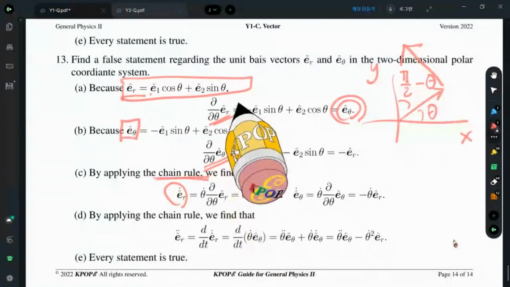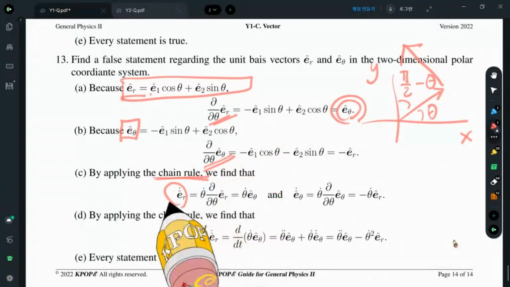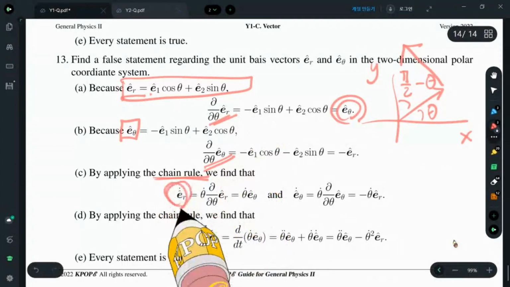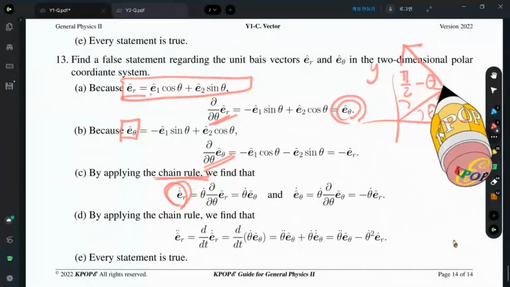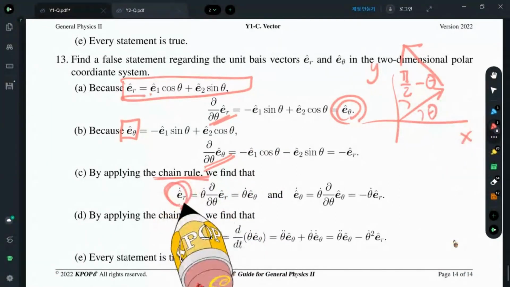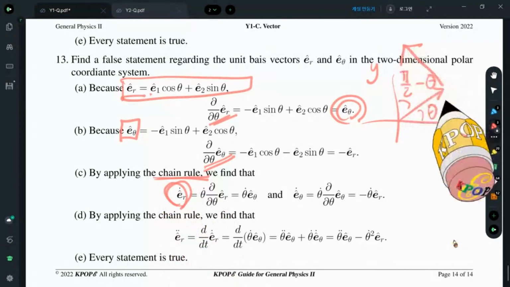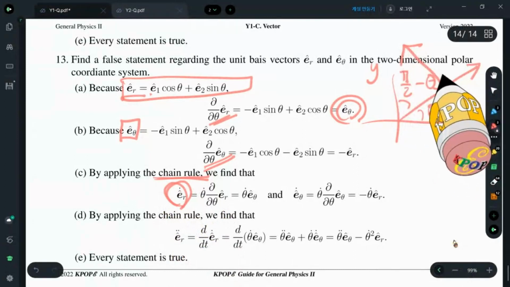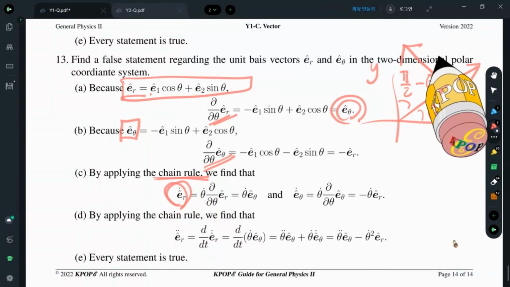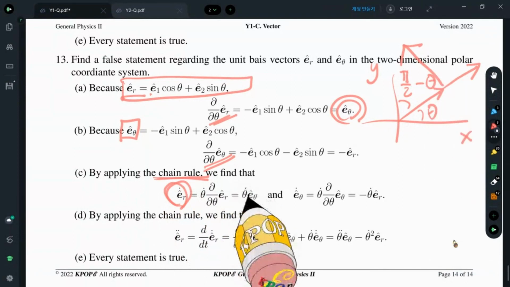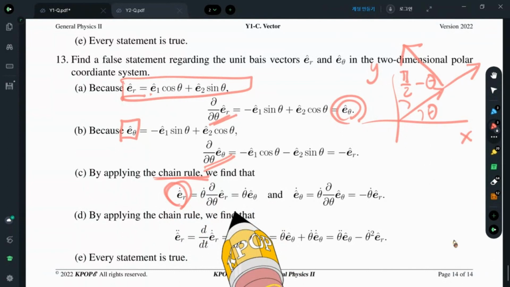Finally, by making use of the previous result, we can find that the unit radial vector has a time derivative that is perpendicular to that vector, and then there is a proportional constant factor that is the angular velocity.